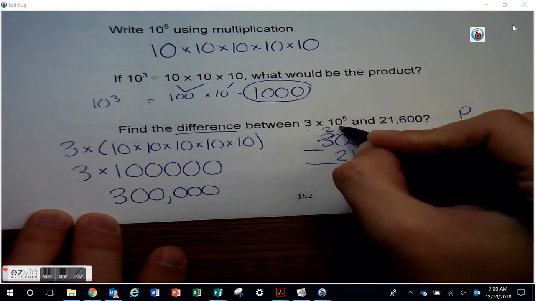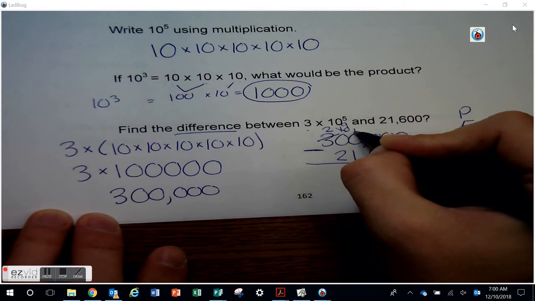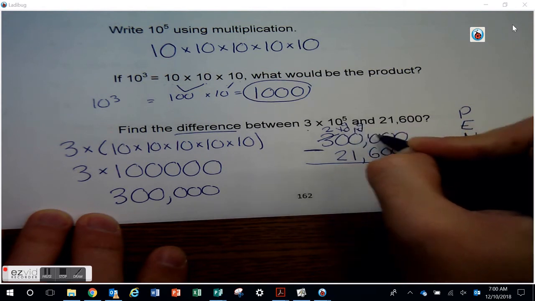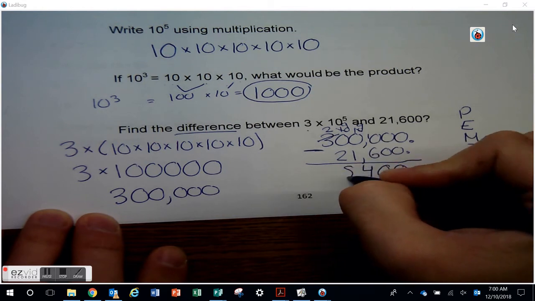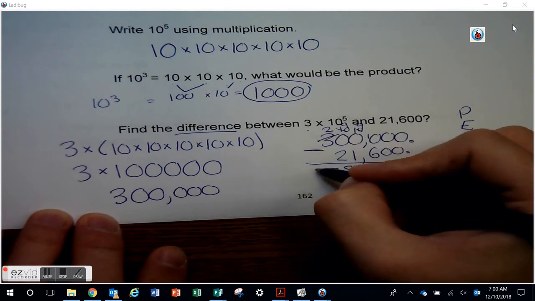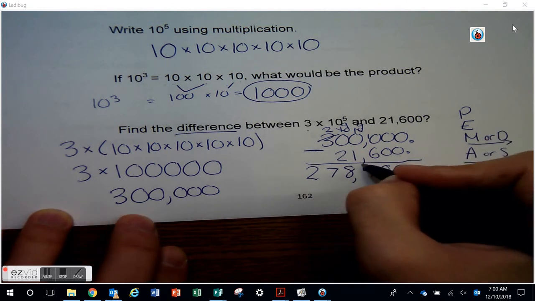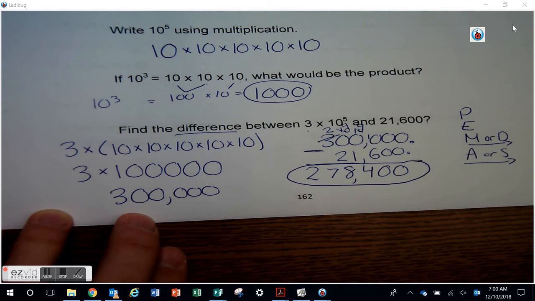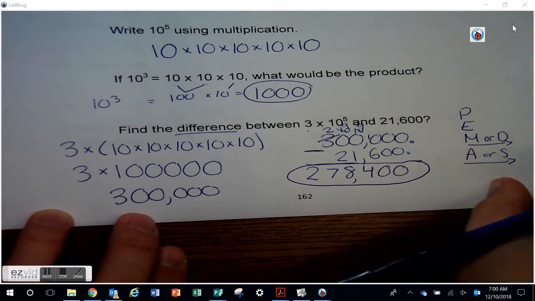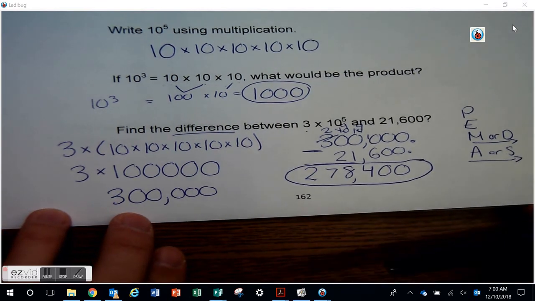This is 10, now it's 9. This is 10, now it's 9. This is 10. 10 minus 6 is 4. 9 minus 1 is 8. 9 minus 2 is 7. 2 minus nothing is 2. Our difference is 278,400.